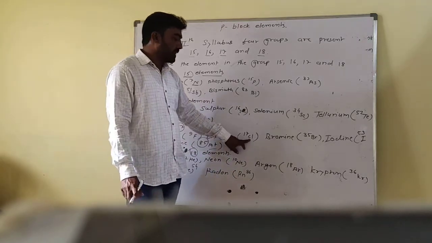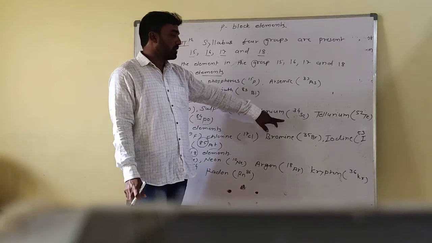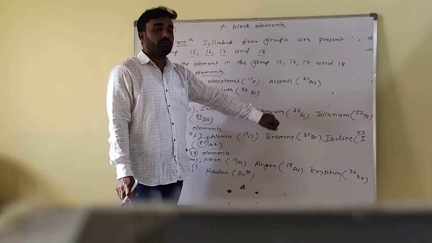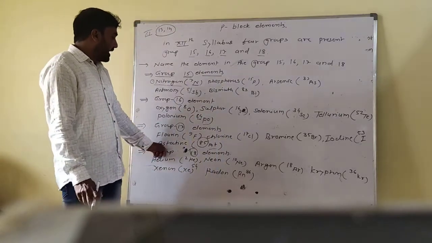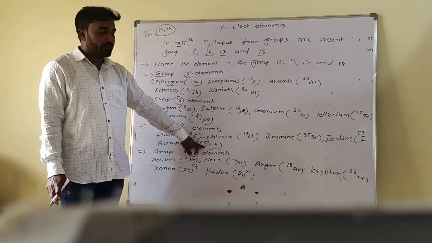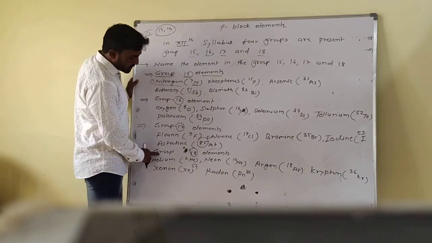Chlorine, symbol Cl, atomic number 17. Bromine, symbol Br, atomic number 35. Iodine, symbol I, atomic number 53. Astatine, symbol At, atomic number 85. These are the group 17 elements.